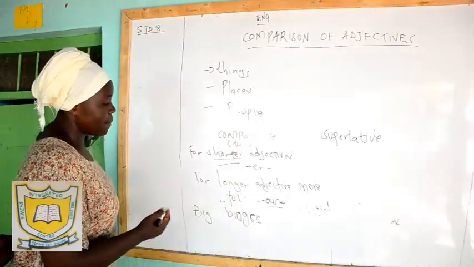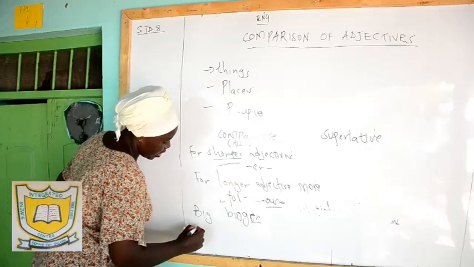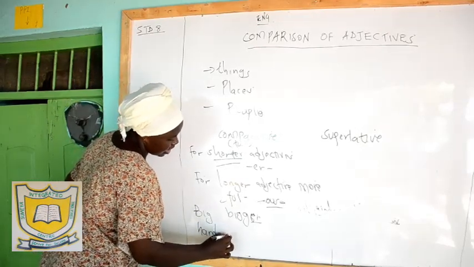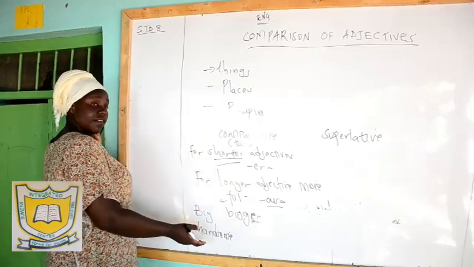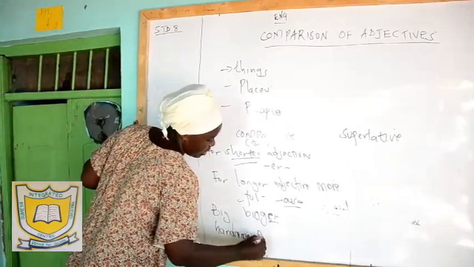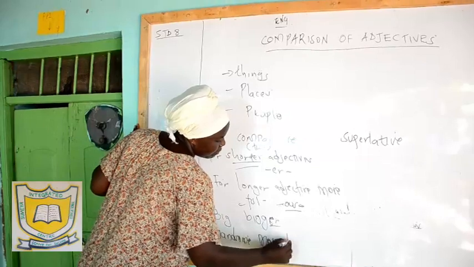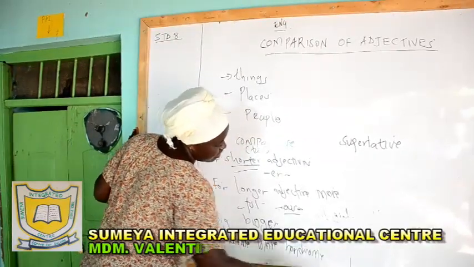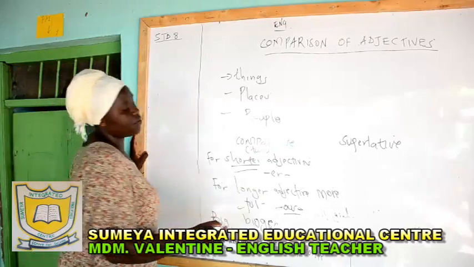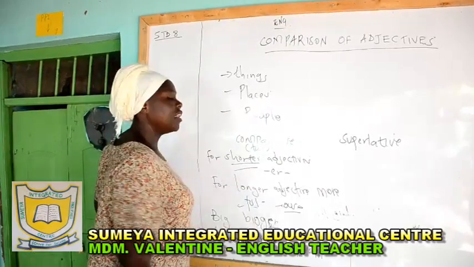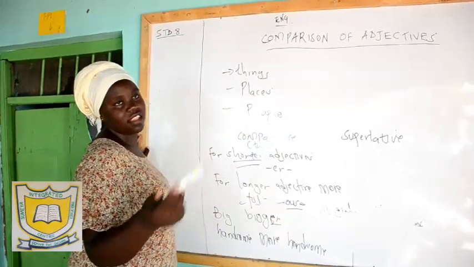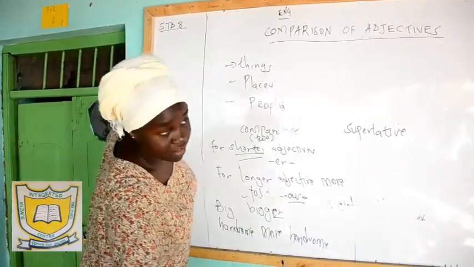So I'm going to say bigger, but let's say, for example, I have handsome. In the comparative degree, I'm going to say more handsome. If an adjective ends with FUL, or an adjective ends with OUS, then it takes more in its comparative.